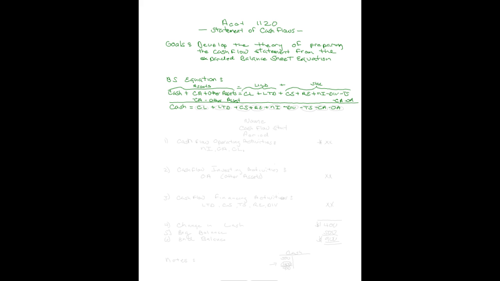Let me put together the basic framework of a cash flow statement. You have the name of the business, the fact that it's a cash flow statement, and it's a period statement, covers a period of time, and we have then our major sections. I'll use the author's terminology.